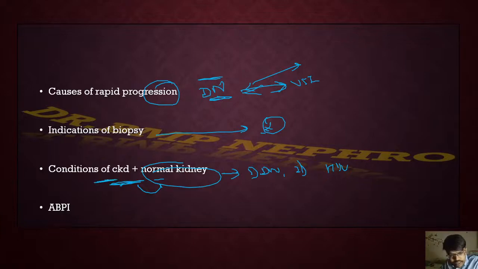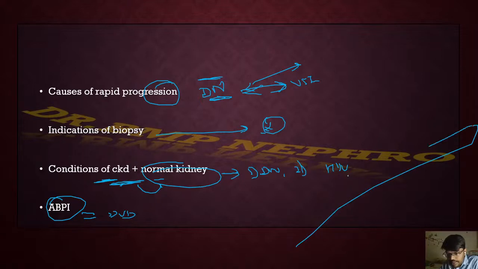They will commonly ask these questions in the case of diabetes, and you should also tell how to check the ankle brachial pressure index. What is the normal range? Because if a patient has peripheral vascular disease, the question will come regarding that. See, these are all the important questions I am remembering.